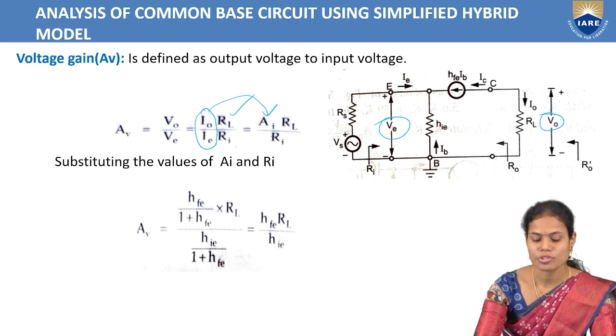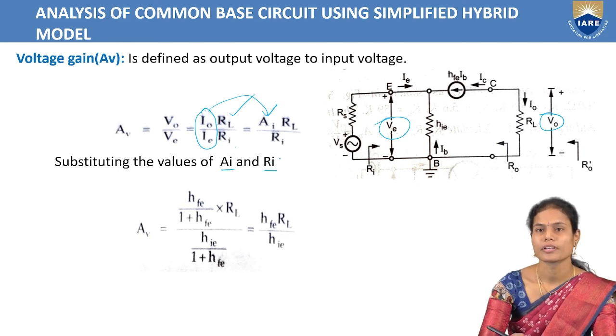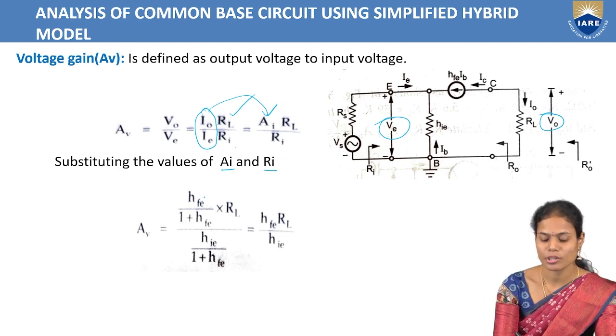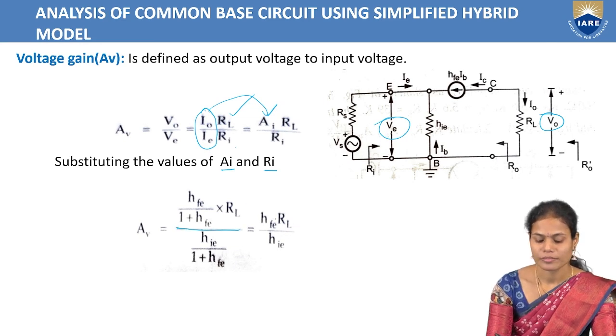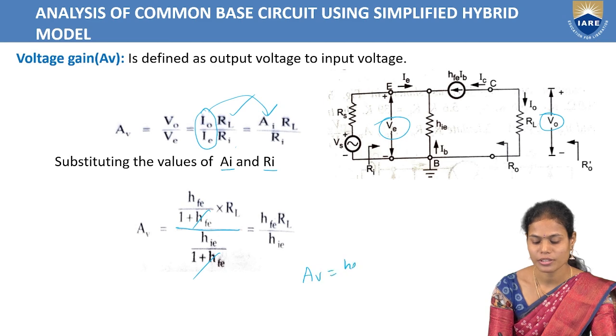And here we need to substitute the values of current gain as well as input impedance. So the current gain value is hfe by (1 plus hfe), and the input impedance value is hie by (1 plus hfe), and into the RL value. So we will get hfe into RL by hie. So this is the voltage gain in the case of common base configuration.